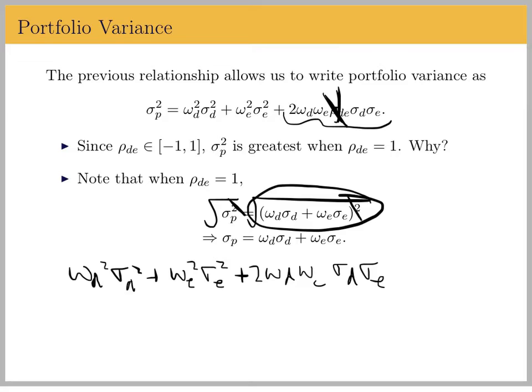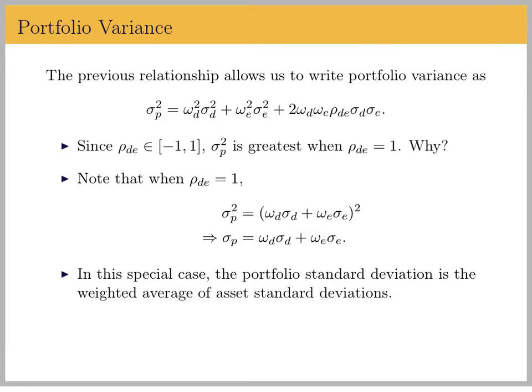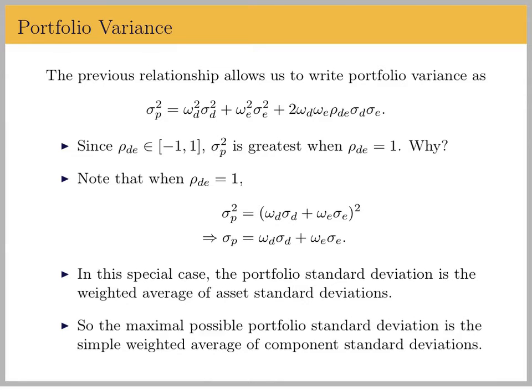So note that we do not have any extra terms out here that deal with covariances. So this is exactly what I just said, that in this very special case, the portfolio volatility is equal to the weighted average of individual asset volatilities.